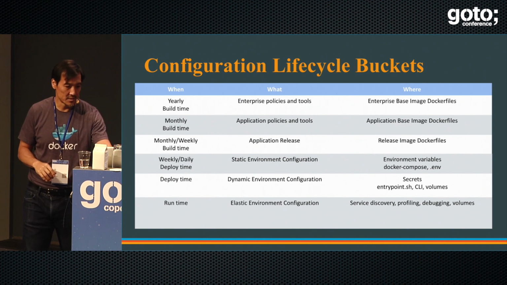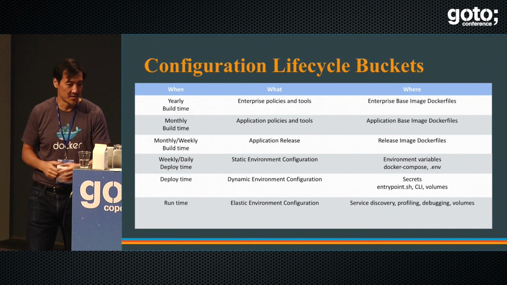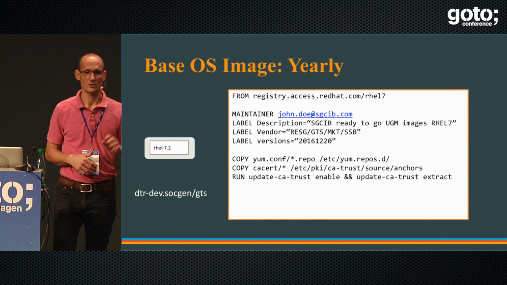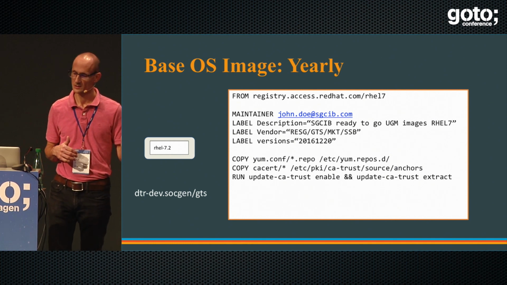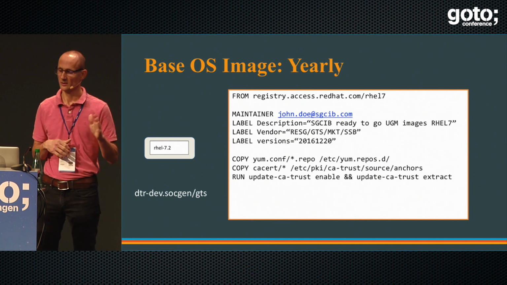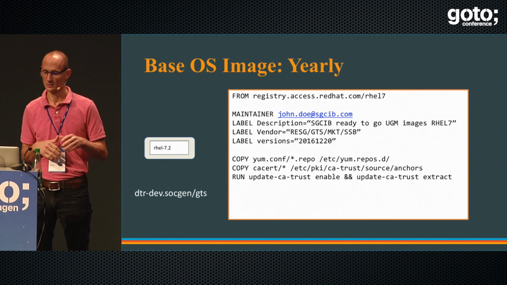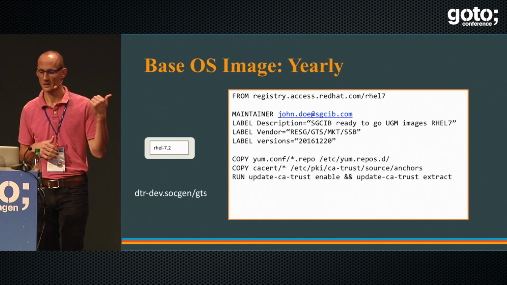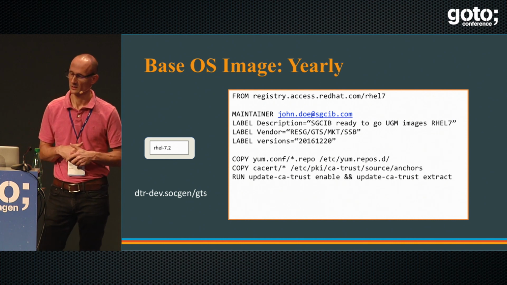So let's see what they did here. Okay, so let me show you some of the Docker files we created. So this one is from our ops team, GTS. So they get to decide which base Linux distribution will be used. So in this case, this is Red Hat Enterprise Linux 7.